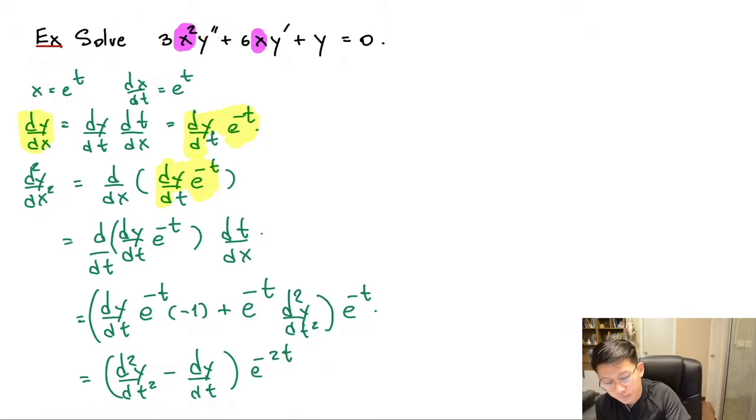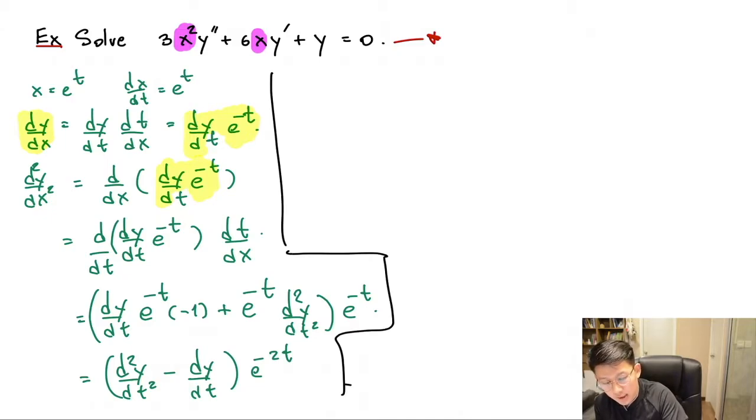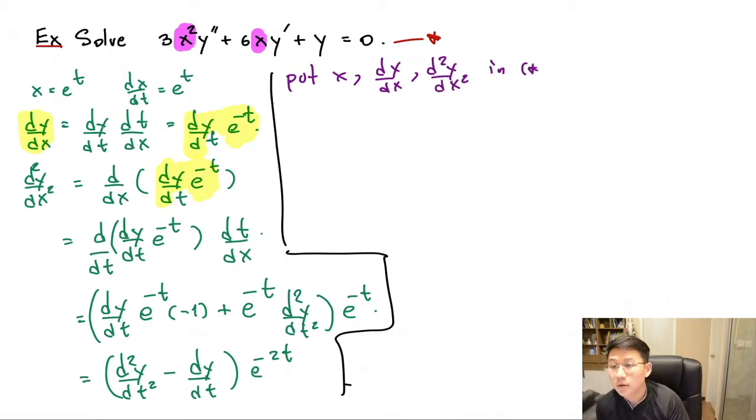Let's call this equation star. So I put x, y prime, and y double prime in star. What we have is 3 e to the 2t, because x is e to the t, so x squared is e to the 2t, times y double prime, which is this guy.